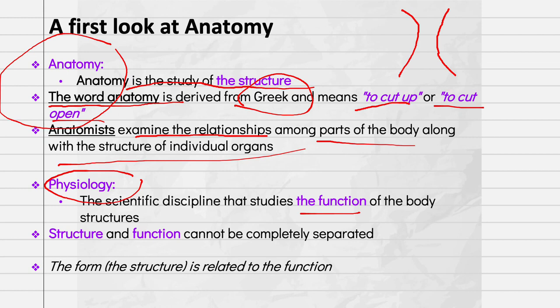Yes? The scientific discipline that studies the function of body structures comes under physiology. And it does not end here. The normal function of the body structures will be covered under physiology. And when these functions become abnormal, then they are studied under pathology.